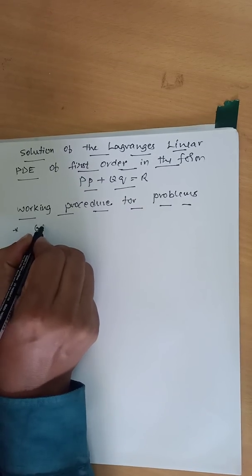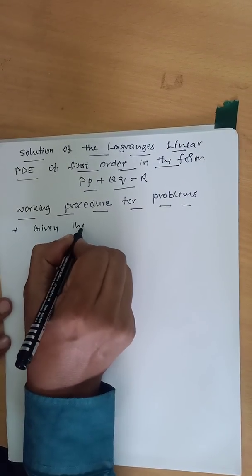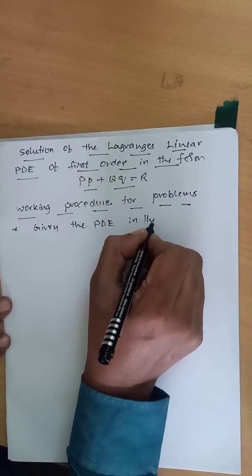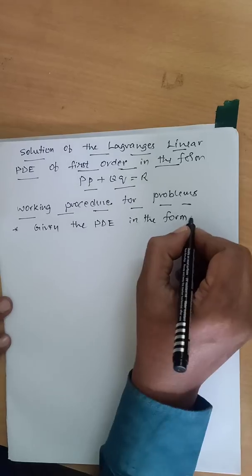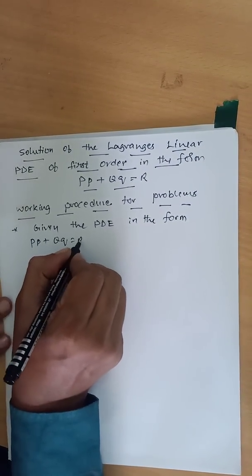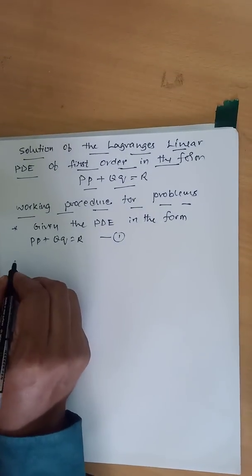Given the PDE in the form Pp plus Qq equal to R, you call it equation number 1.